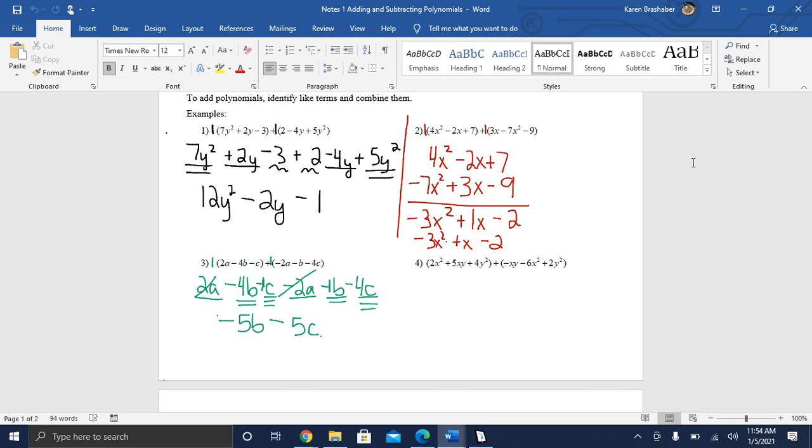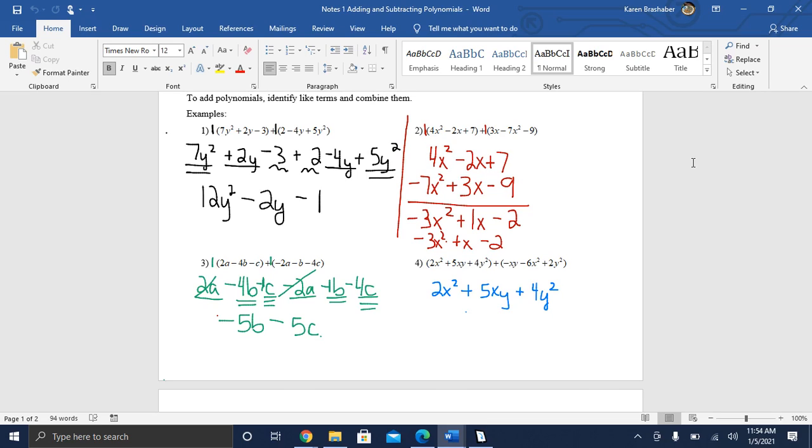And then our last one, and I'll do it again by stacking them up just so you can see the difference. So removing the parentheses, 2x to the second plus 5xy plus 4y to the second. And then as I remove my parentheses for the next one, I could line up vertically the like terms.